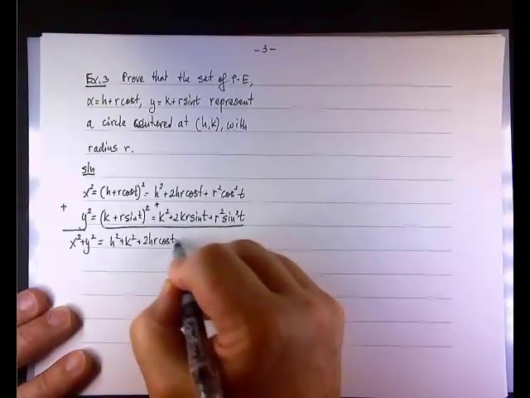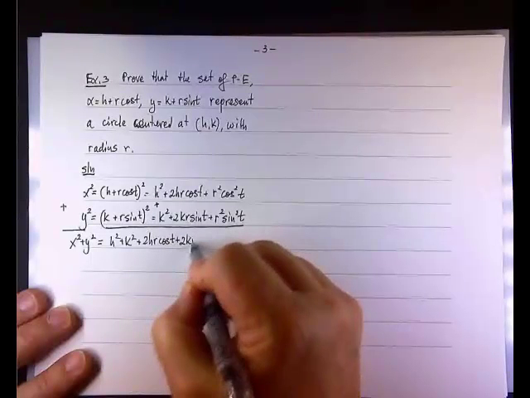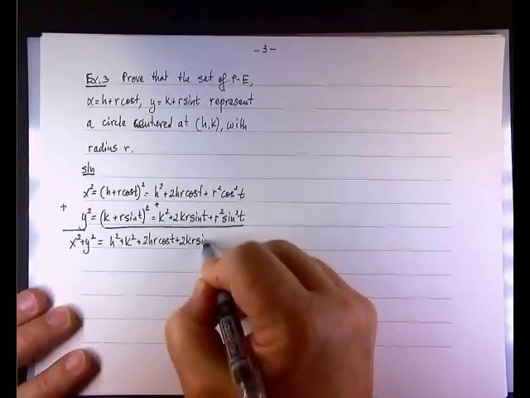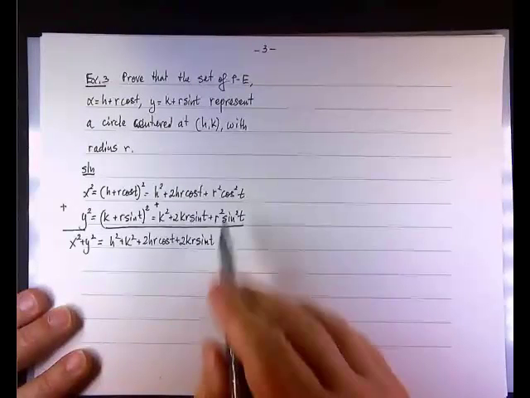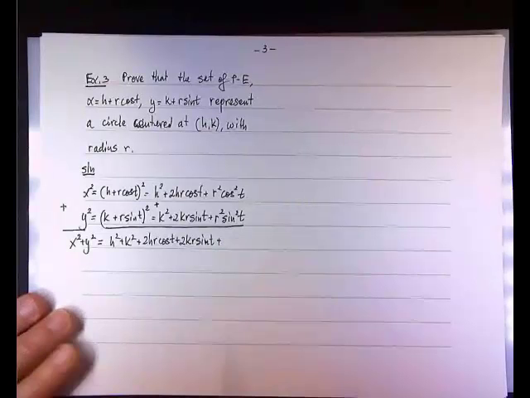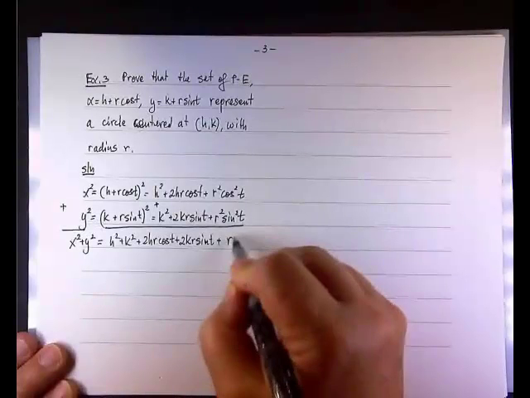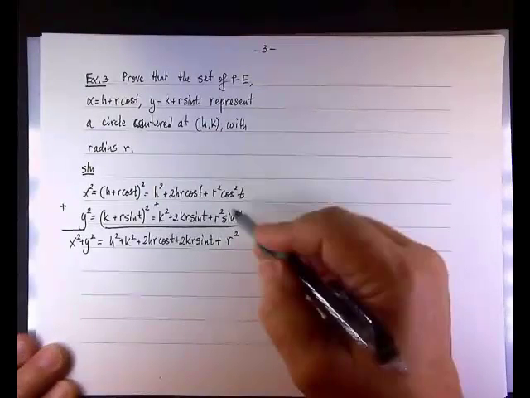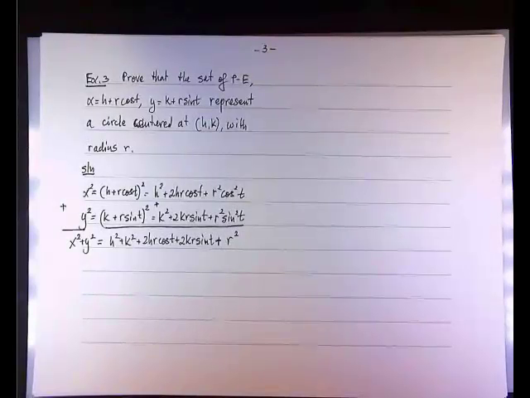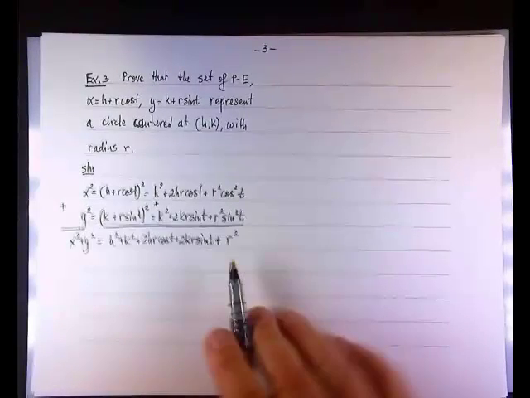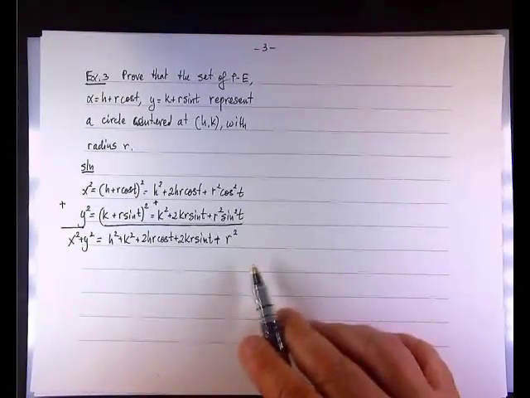And then we have 2hr cosine t and 2kr sine t. And then we have r squared times cosine squared, sine squared, right? But you know that this is going to be r squared as you add r squared cosine squared and r squared sine squared.